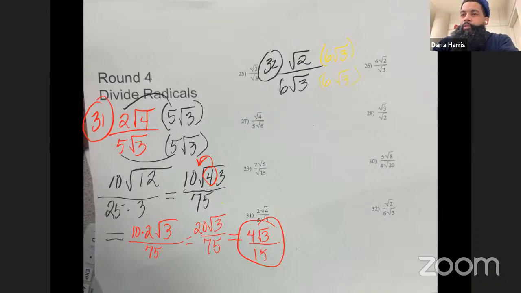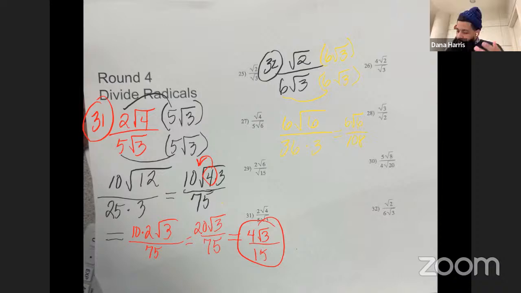Okay. So here, we keep the 6 on the outside, and then square root of 2 times the square root of 3. In the bottom, 6 times 6 is 36, and square root of 3 times square root of 3 is just 3. So we have 6 square root of 6 over 36 times 3 is 108.